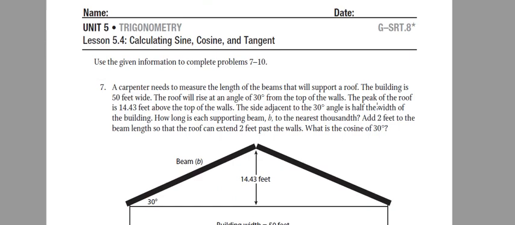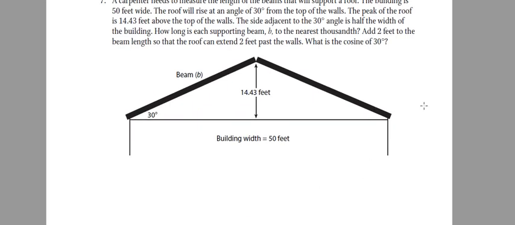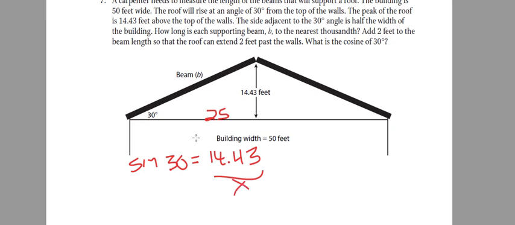Then we move on to number 7, and we know that if the entire thing here is 50, that this piece here is 25. So I ended up saying that the sine of 30 was equal to 14.43 over x, and that's B. And in that case, I got that the actual beam was equal to 28.86 feet.